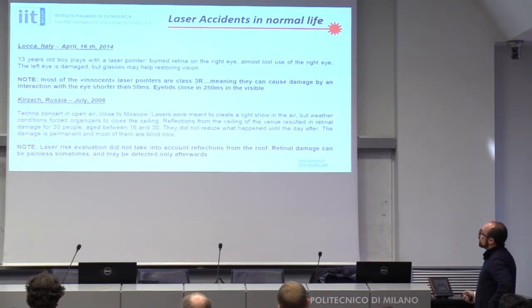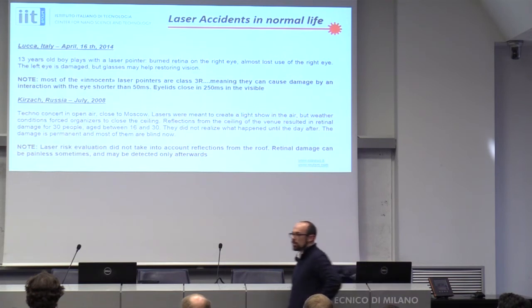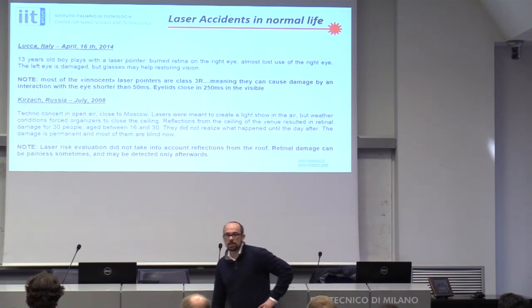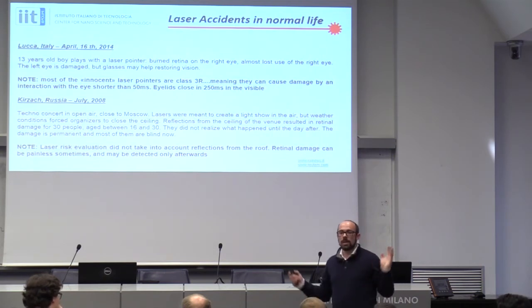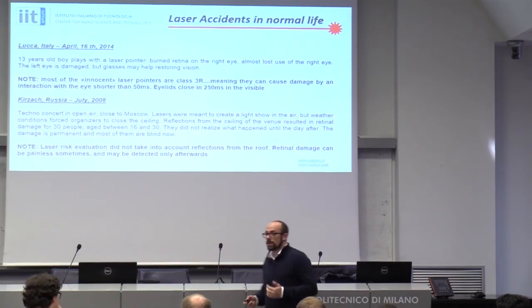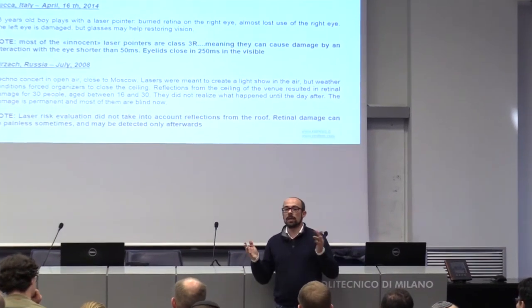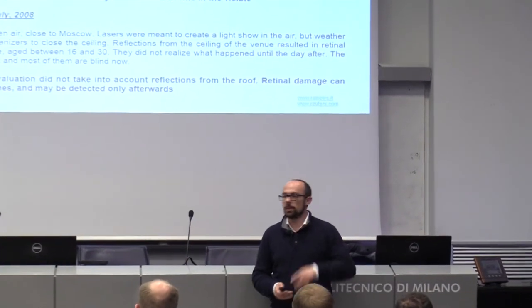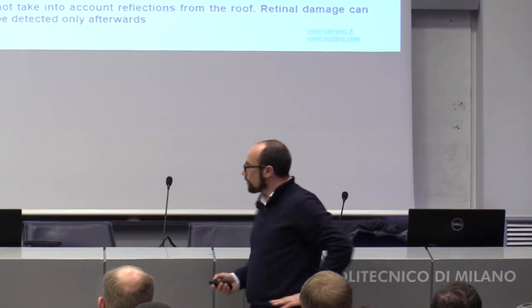So then, this is quite impressive to me. This is even more impressive. This was a techno concert. It was a rave party in Russia in 2008. The organizers were making a laser show in the air, but what happened was that the weather conditions didn't allow it to be done in the open air. So then they had to close the venue.